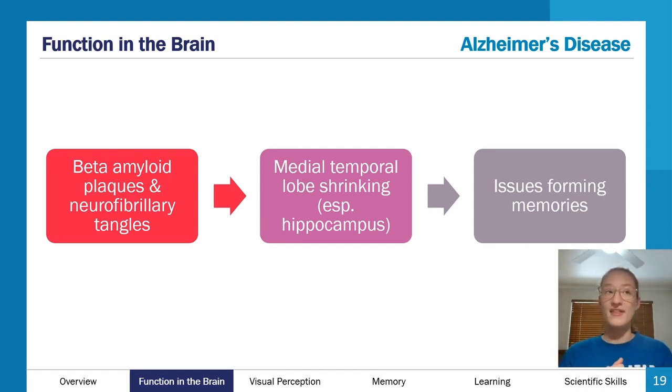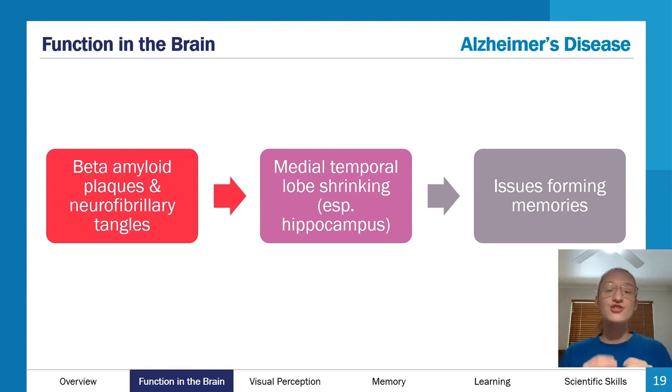An important thing to know is that when we're talking about enzymes, you can identify an enzyme by its suffix, -ase. So acetylcholinesterase is an enzyme that is responsible for breaking down acetylcholine. Coming back to what we know about Alzheimer's, the protein buildups in the synapses, these beta amyloid plaques, cause low levels of acetylcholine and other neurotransmitters.